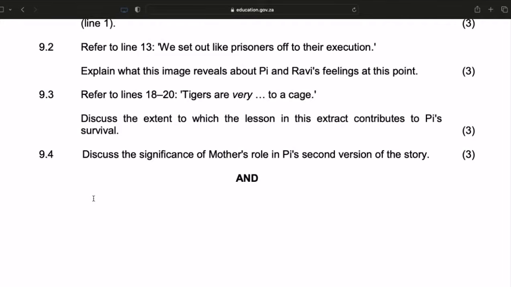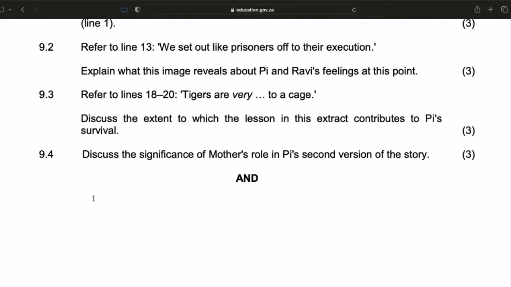Pi's survival depended on his ability to create dominance over Richard Parker. So the reason why Pi survived is because he was able to tame Richard Parker and assert dominance, moving from the beta to the alpha male in this context.